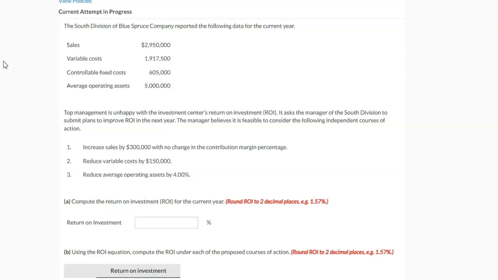Sales minus variable costs gives me the contribution margin of 1,032,500. The contribution margin minus the controllable fixed costs gives me the controllable margin. The controllable margin that I'm getting is 427,500. It sounds reasonable. Okay, now divide by the average operating assets.